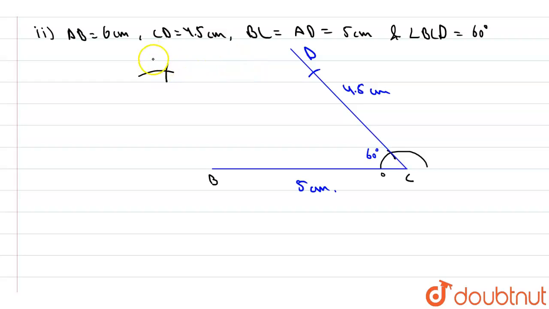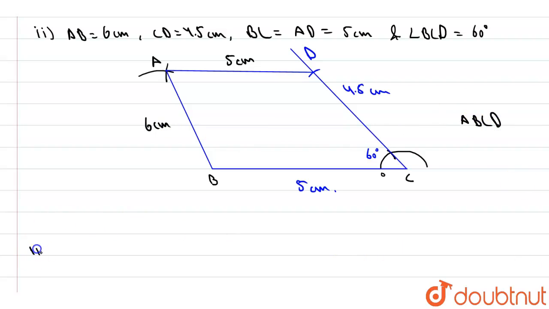The point of intersection is named A. From the point A join B and join D. So this is 5 centimeter, this is 4.5 centimeter, AD is also 5 centimeter and AB is 6 centimeter. So we have made the required quadrilateral ABCD as per the given measures.